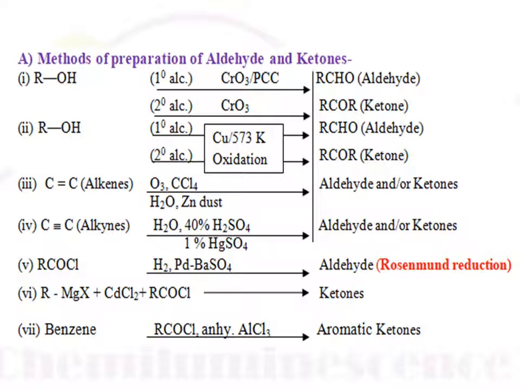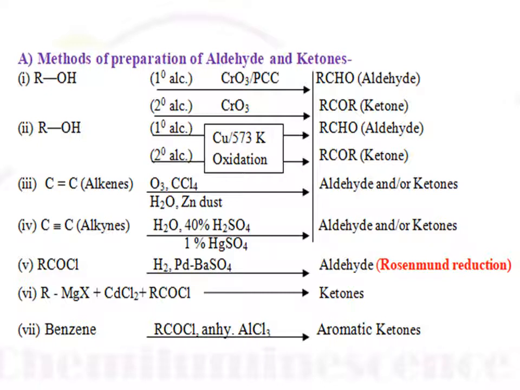Next is preparation of aldehyde or ketone from alkene by ozonolysis. Alkene on ozonolysis forms ozonide, and ozonide on decomposition with water and zinc gives aldehyde and ketone, or two aldehydes or two ketones, depending on which type of alkene we are using as a reactant.